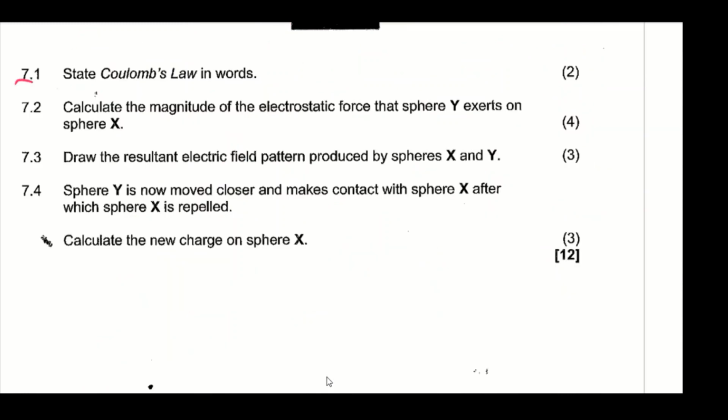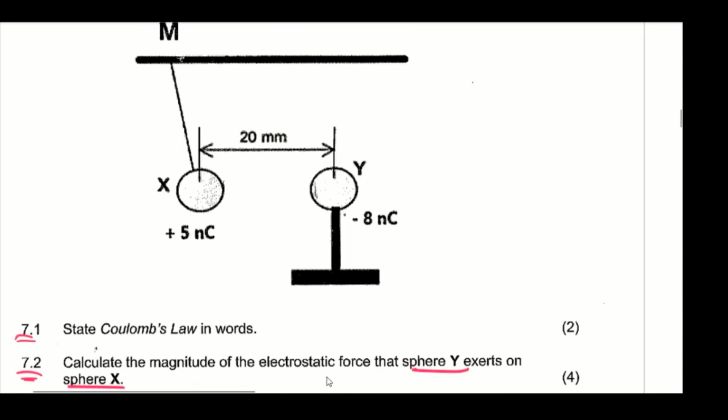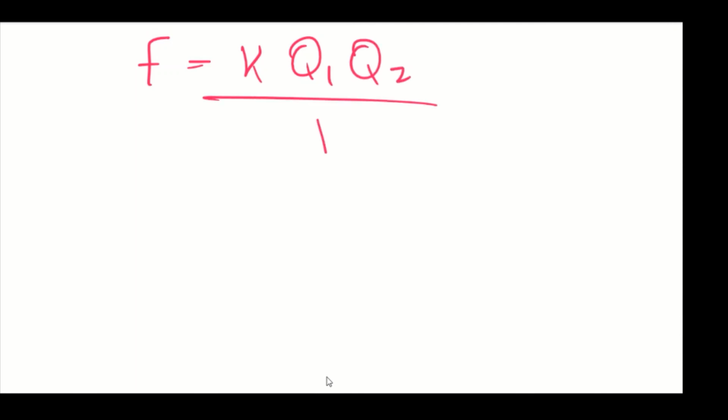Right, so now we're going to do 7.2, which states: calculate the magnitude of the electrostatic force that sphere Y exerts on sphere X. So we're just going to calculate the electrostatic force that exists between these two charges. For us to calculate that, we use the equation F equals k Q1 Q2 divided by r squared.